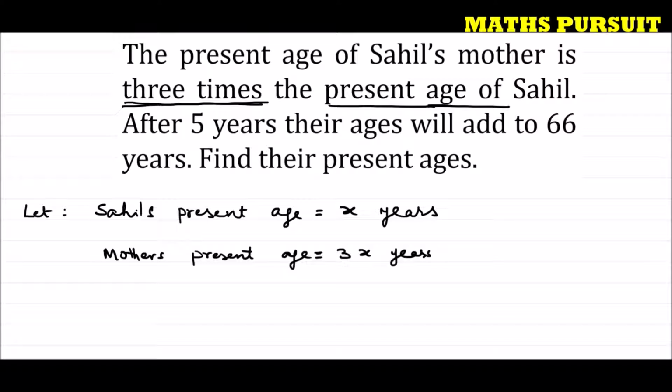So 3 times means 3 into x. We considered Sahil's present age as x years, and we got mother's present age as 3x years as per the given question. These are the things that the question has given us.